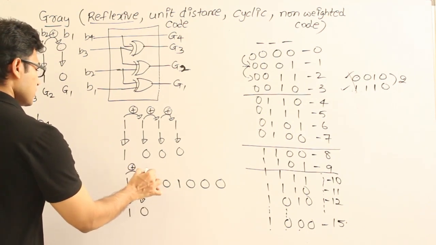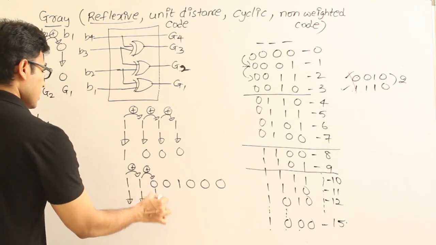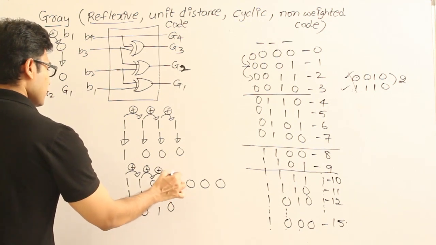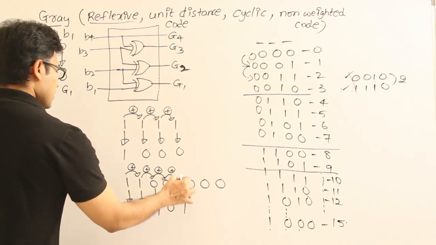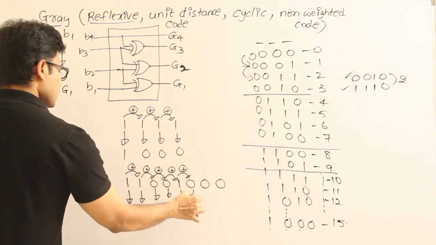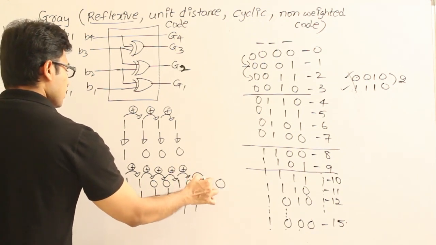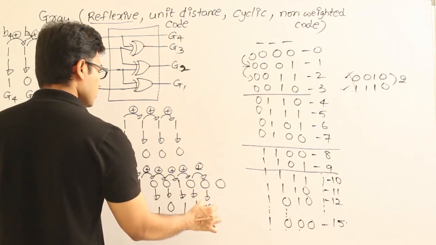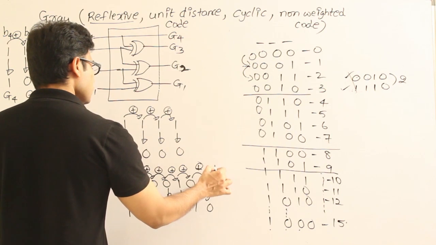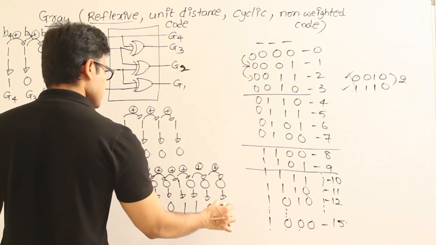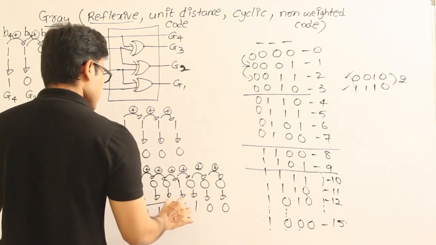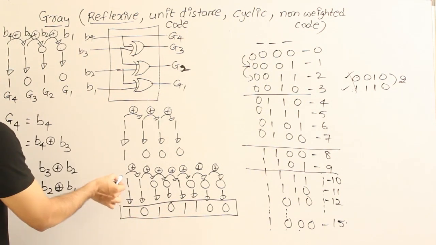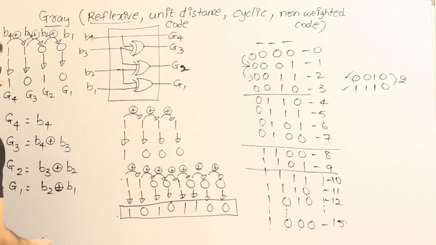Take the exclusive OR of the next two: 1. Next: 0. Next: 1. Next: 1. Next: 0. Next: 0. Therefore, this is the number which represents 200 in gray. The earlier one is the number which represents 200 in binary, and this is the number which represents 200 in gray.